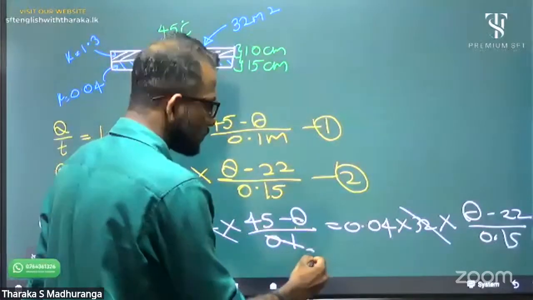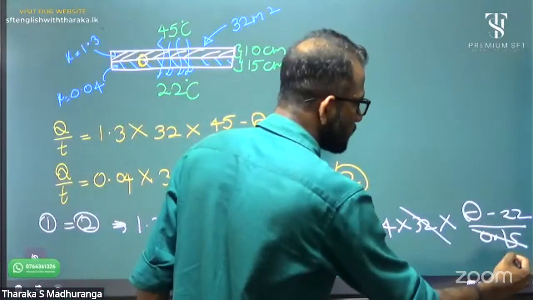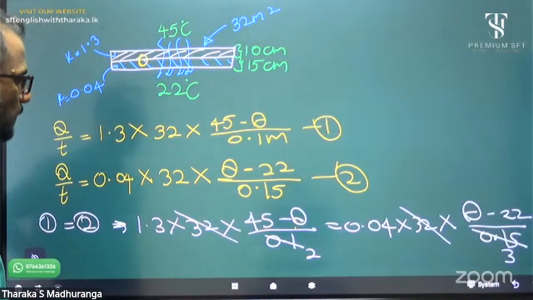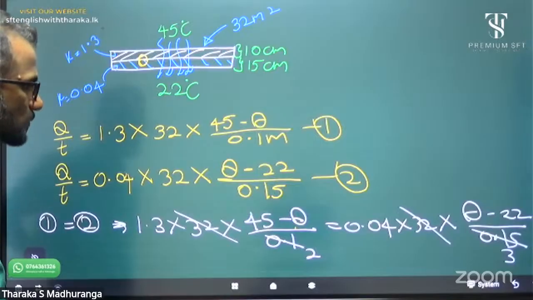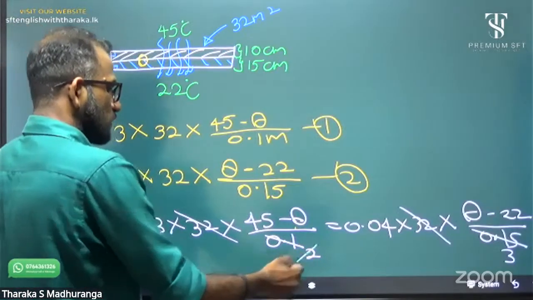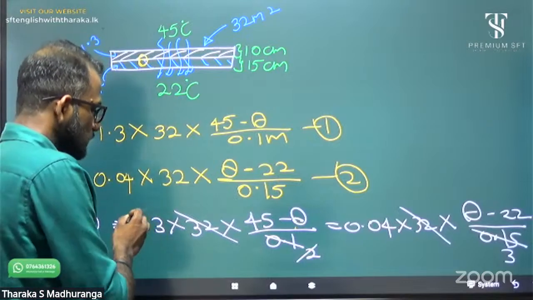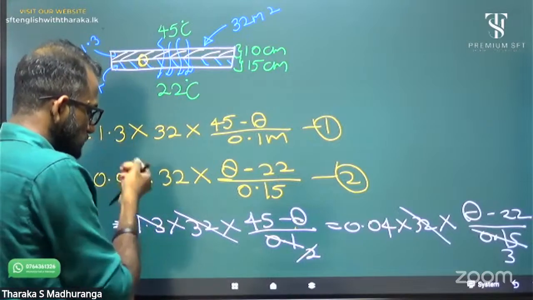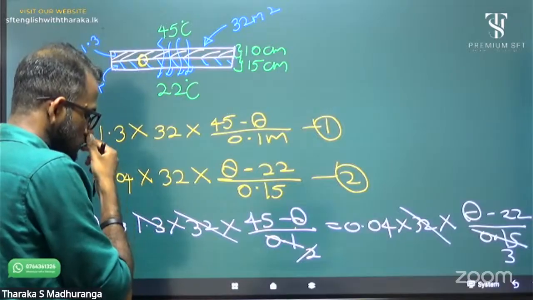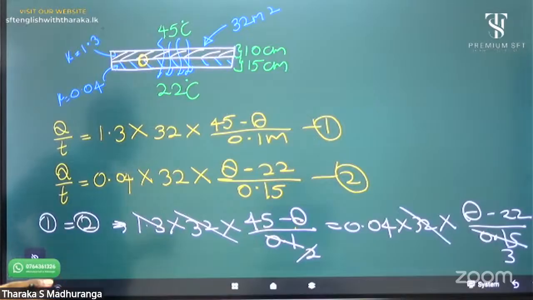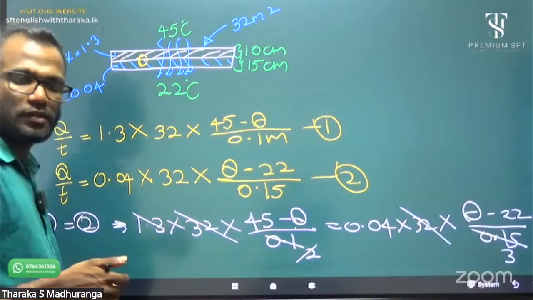0.1 to 2, 0.15 means 3. So 1.3 divided by 2, what is the answer? 0.65, right?